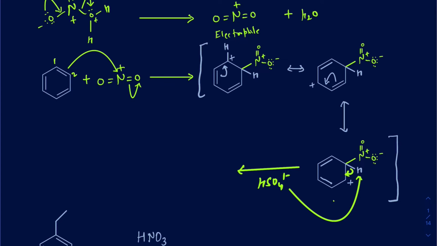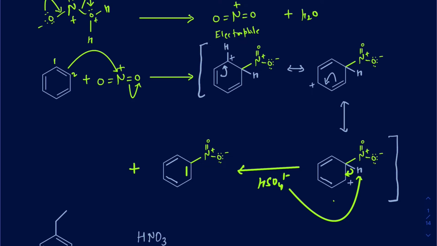So when this creates a double bond, I'm just going to copy this down here. You have the nitro group installed on it. So you lose a hydrogen, and then you've got the nitro group attached, and you can just write down NO2 there as well.